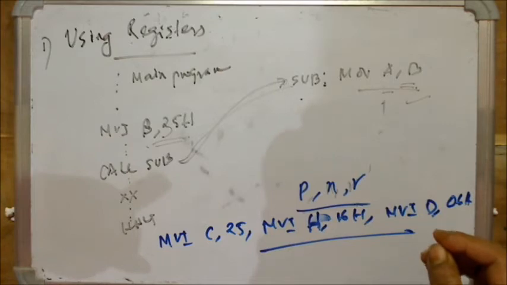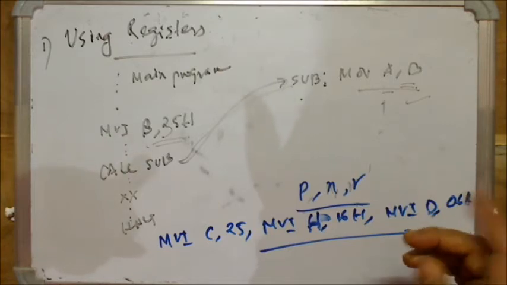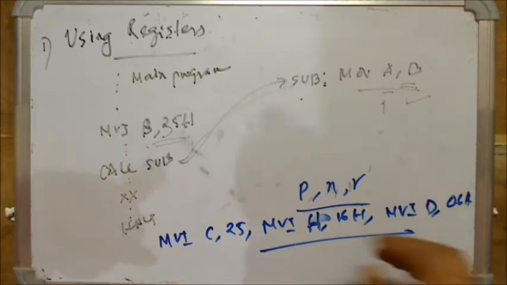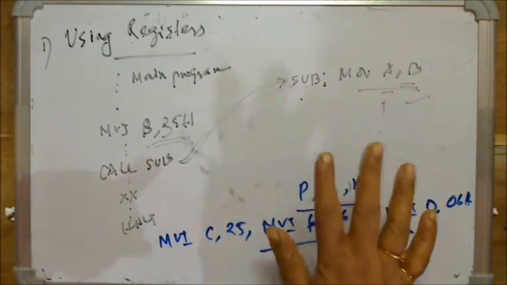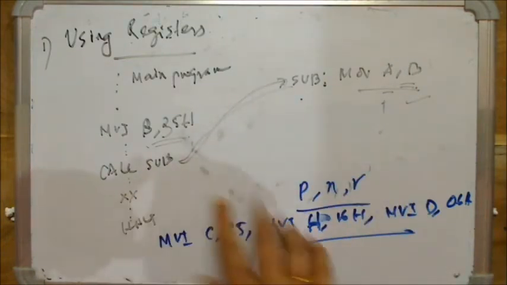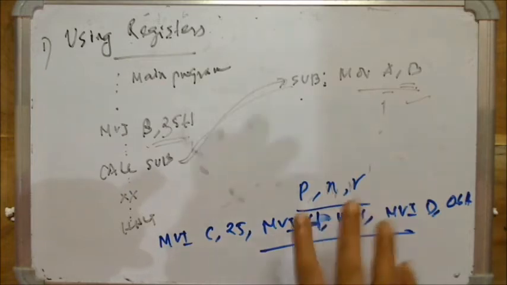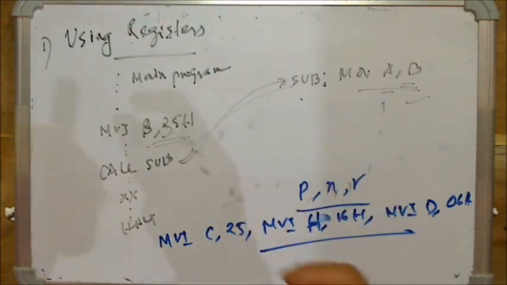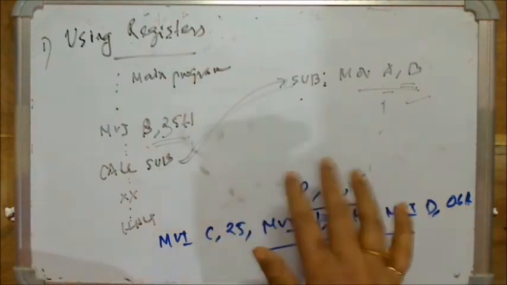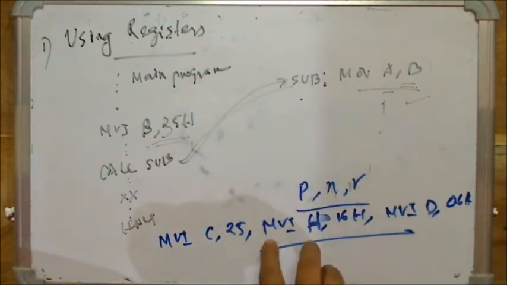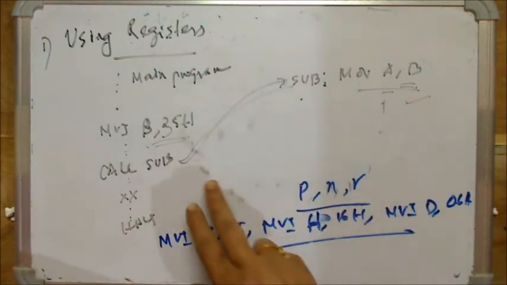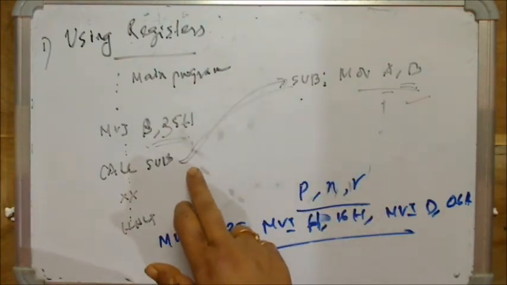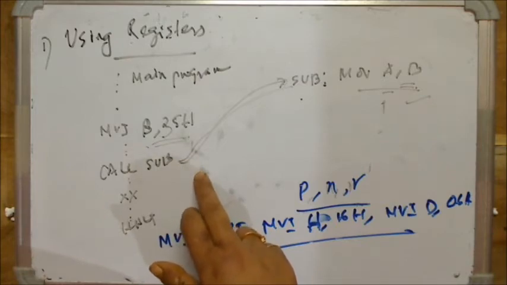What if I want to pass 10 parameters in a single call? Here you have passed 3 parameters, it's okay, because I have 7 registers. But if I want to pass 10 parameters using a single call, this will not be possible because that will block all the registers.